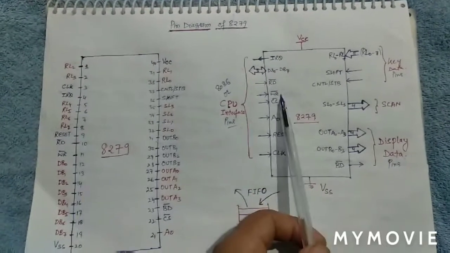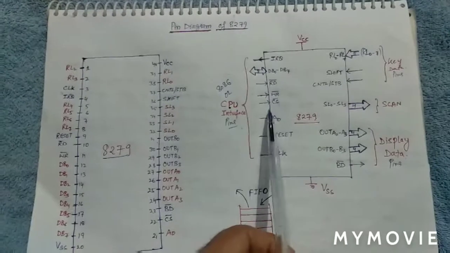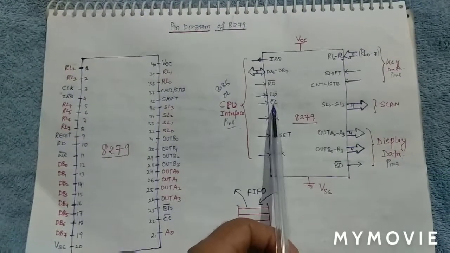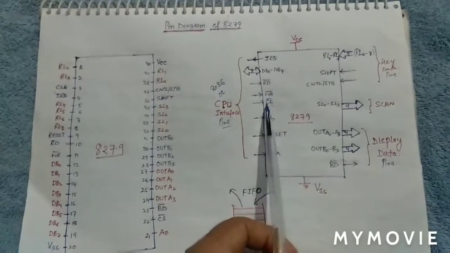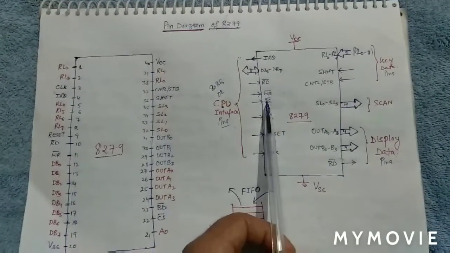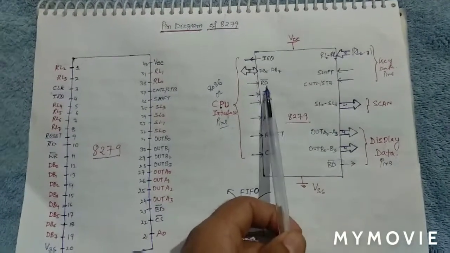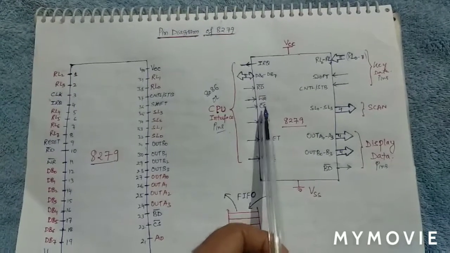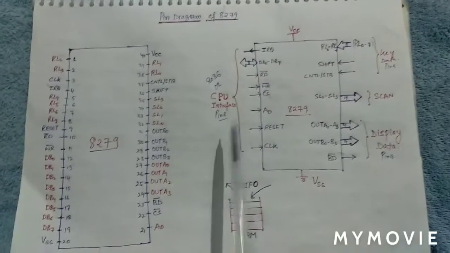These two pins are controlled by the CS pin. When this CS pin is in the low state, that is digital 0, only then will the read and write operation be performed. If this pin is at the high state, that is digital 1, no read or write operation will be performed.